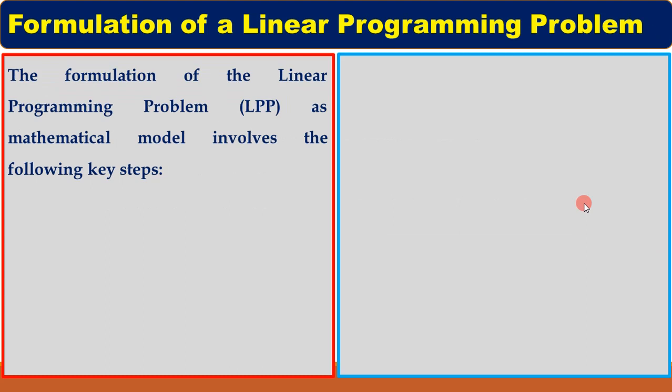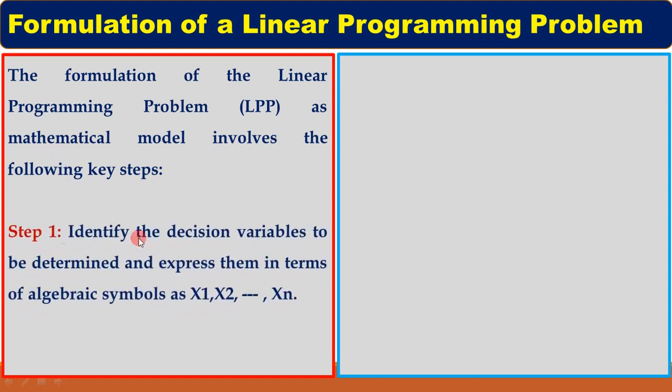Now, the next article is formulation of a linear programming problem. In this article, we are going to see the steps required to formulate an LPP, that is, a linear programming problem. The formulation of the linear programming problem as a mathematical model involves the following key steps.